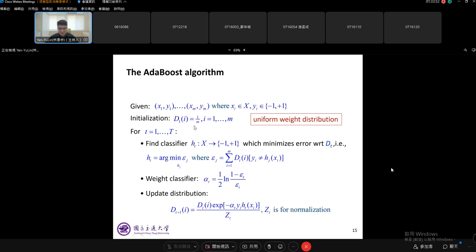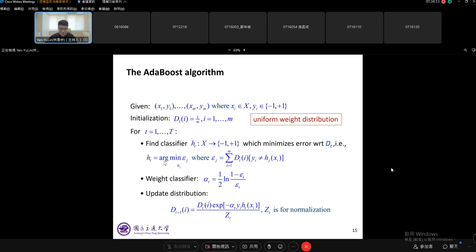For the other iterations, this data distribution is iteratively updated. So we will take the corresponding weight distribution at each iteration. So at iteration t, we consider data weight distribution Dt.